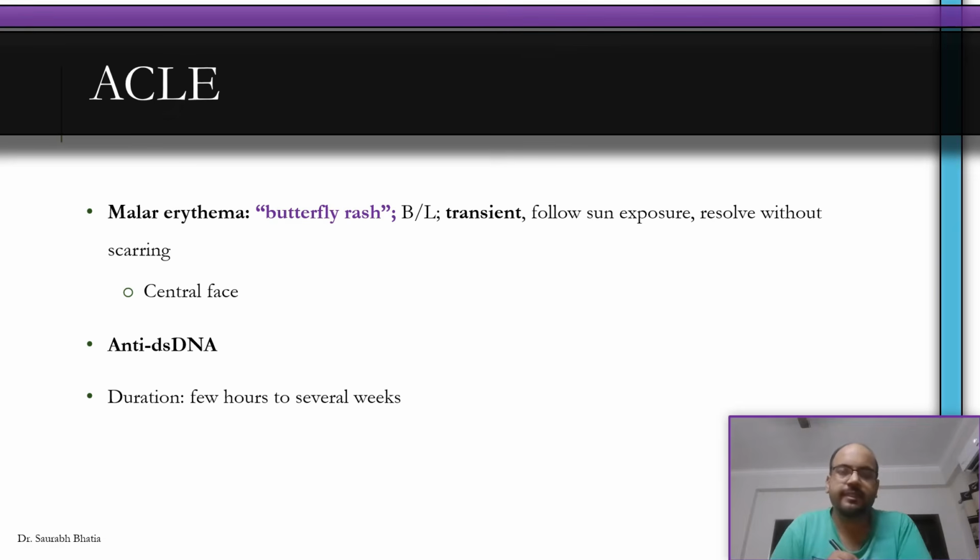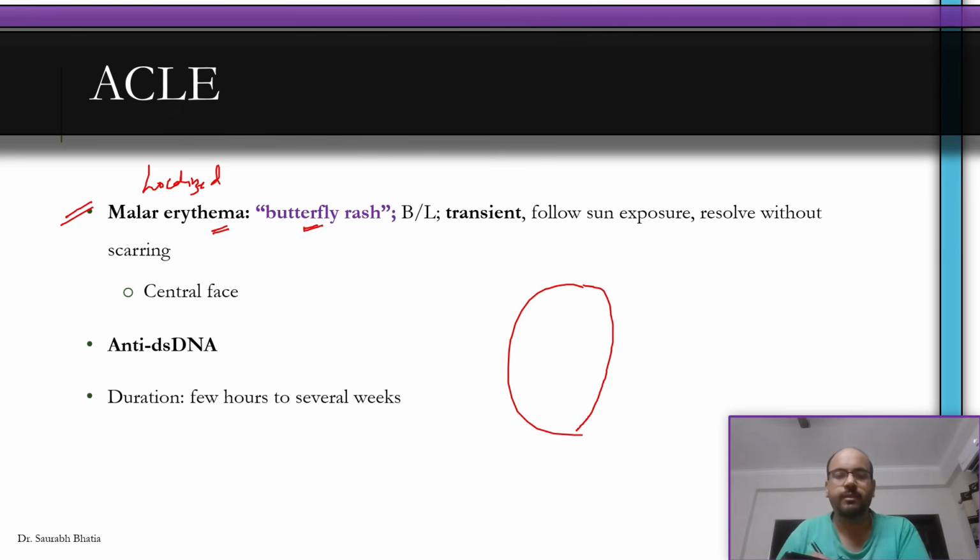Let's discuss ACLE and SCLE separately, and then we'll combine and discuss them together. ACLE in its localized form presents as malar erythema, known as the butterfly rash. Why butterfly? It looks like the wings of a butterfly. Very bad drawing.